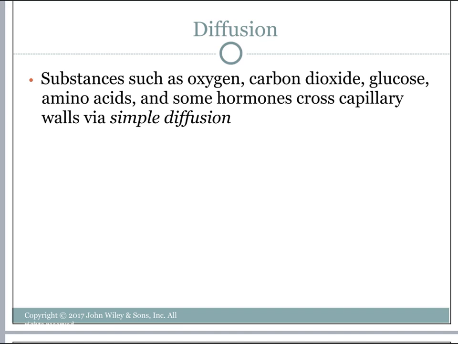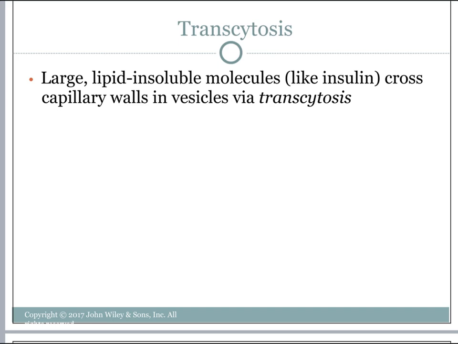Now we're going to start with diffusion. Things like oxygen, carbon dioxide, glucose, amino acids, and some smaller hormones can cross the capillary wall through simple diffusion, which again is based on large concentration gradients. The second mechanism is transcytosis. Large lipid-insoluble molecules like insulin cross the capillary wall in vesicles via this process of transcytosis.